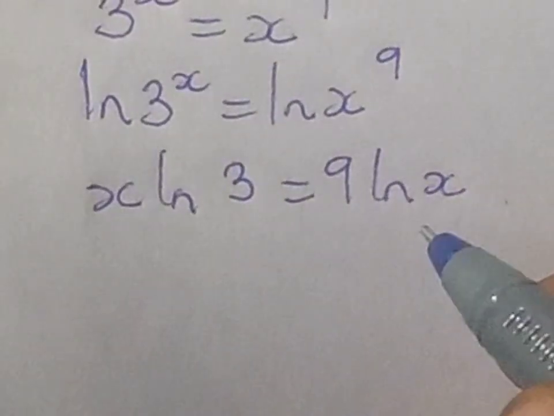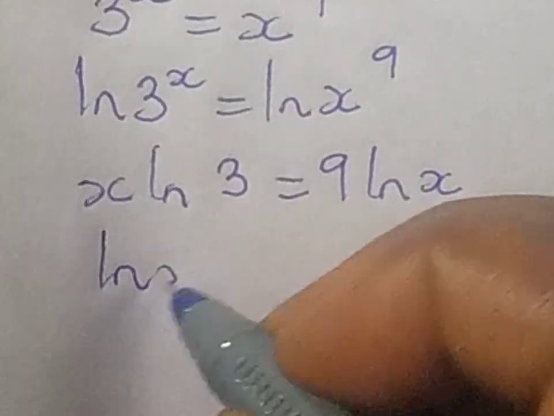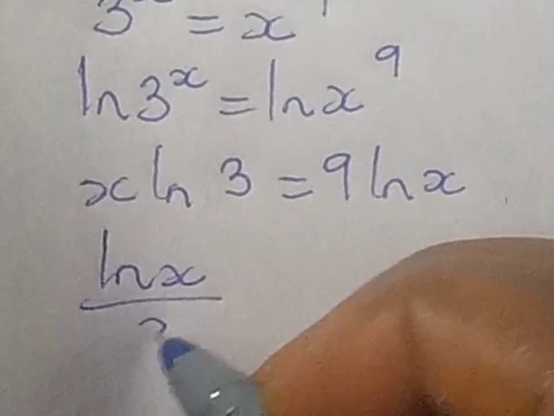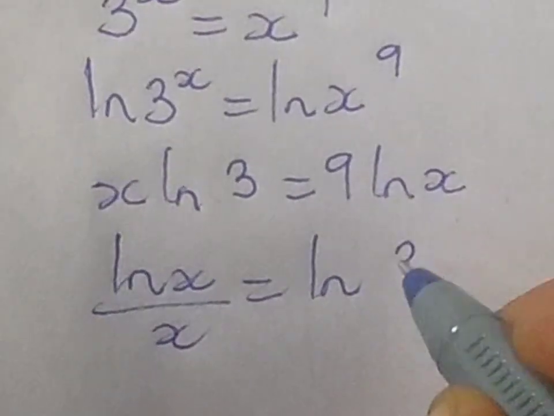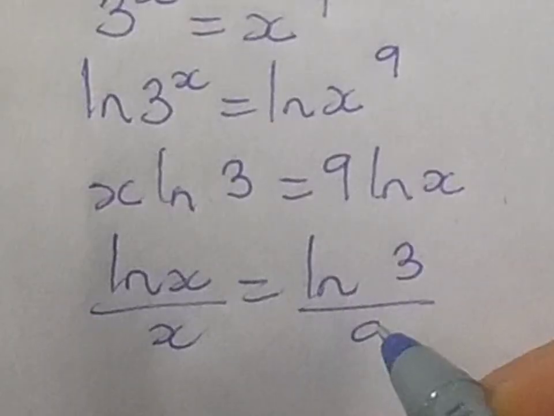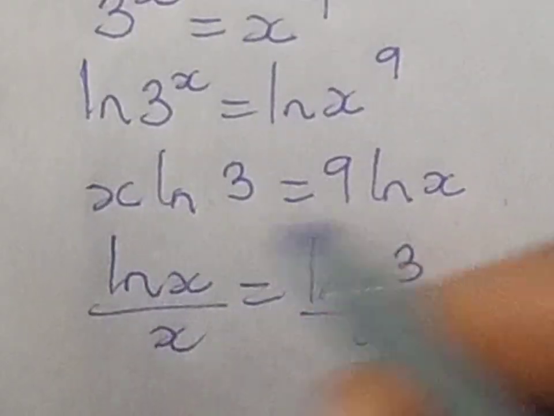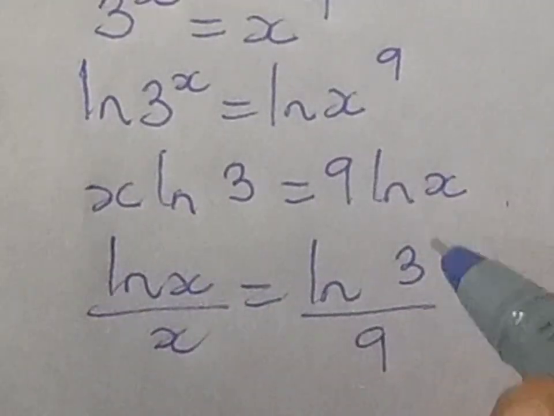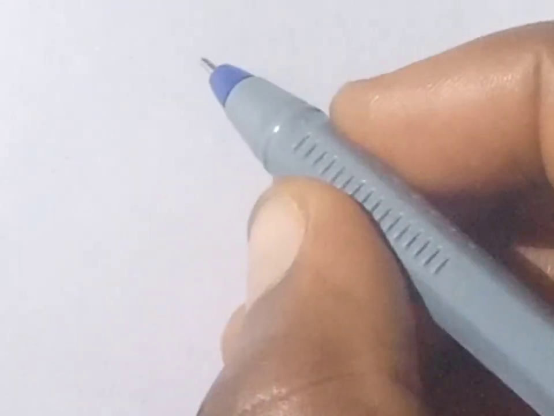Now let's rearrange this, which will give us the natural logarithm of x divided by x equals the natural logarithm of 3 divided by 9. By the time you cross multiply this, you arrive at this back. The next thing is, let's analyze the function.